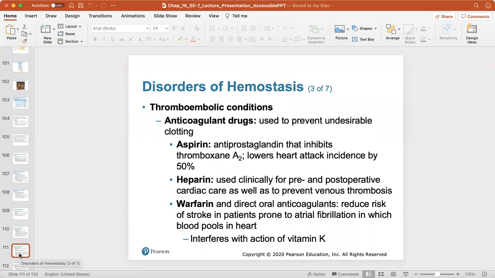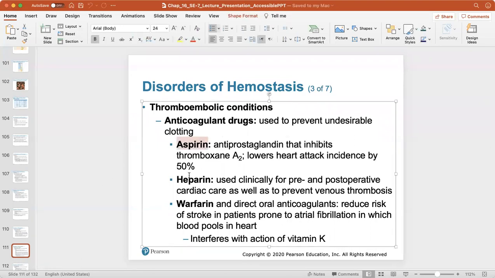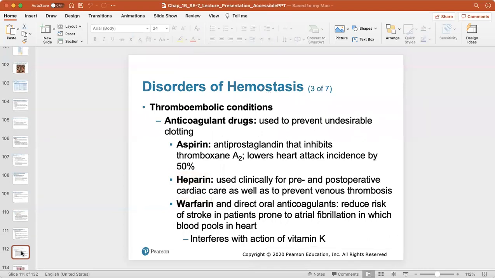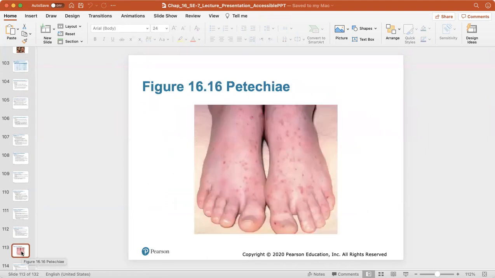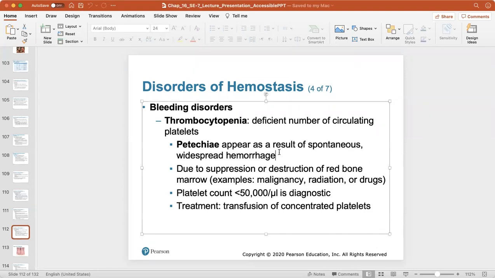Anticoagulant drugs are used to prevent undesirable clotting. So we have aspirin, heparin, and warfarin. A bleeding disorder, thrombocytopenia, is a deficient number of circulating platelets. And this is a look at petechiae, which appears as a result of spontaneous widespread hemorrhaging.